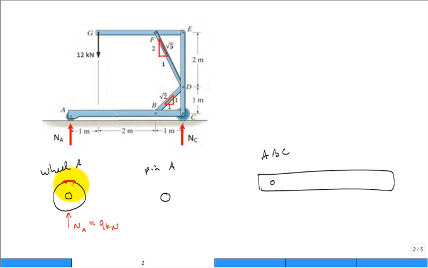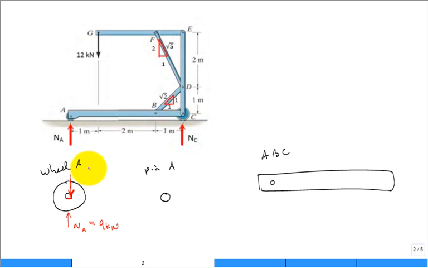No. The only thing is I have a pin riding in the middle of the wheel. And guess what the pin's going to do? It's really going to be resting on the bottom of the hole in the wheel. It's going to be resting down here. And so it's going to be exerting a downward force right there, kind of on the bottom part of that hole in the wheel.